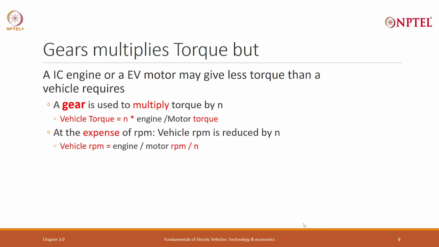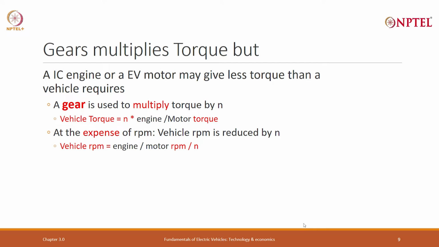A gear can multiply the torque by n times, where n is the gear ratio. So, vehicle torque can be n multiplied by engine or motor torque. Engine torque when I am talking about IC engine, motor torque when I am talking about electric vehicle.